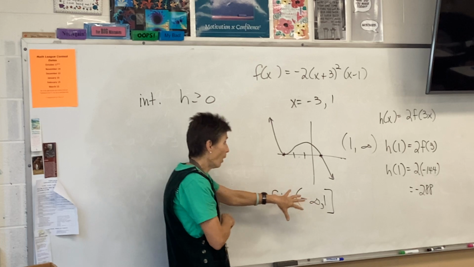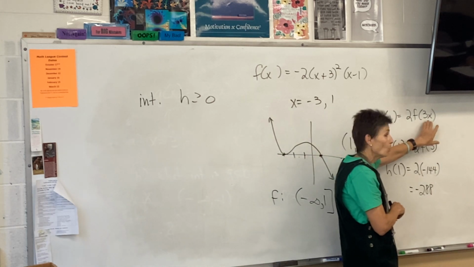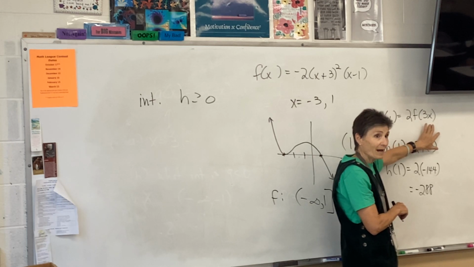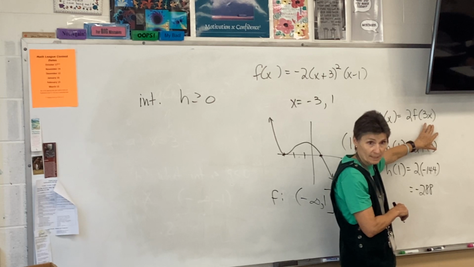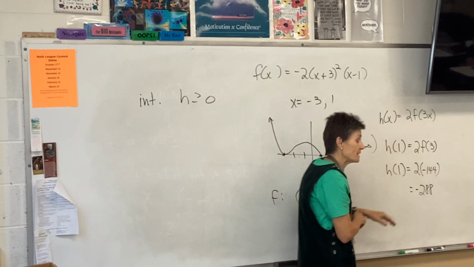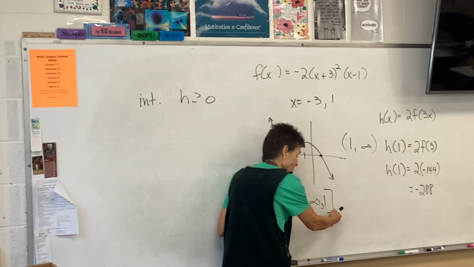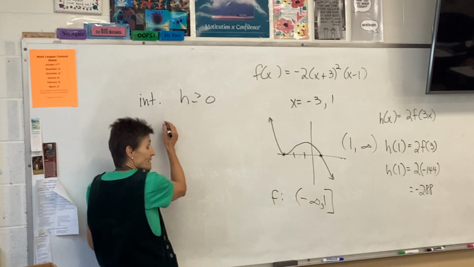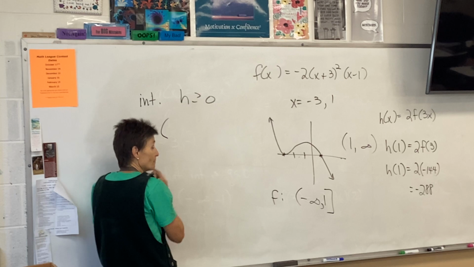Okay, what does h do to f? What does this do? Divides the x's by 3. So if the interval of the original is negative infinity to 1, what is going to be the interval for the transformed?